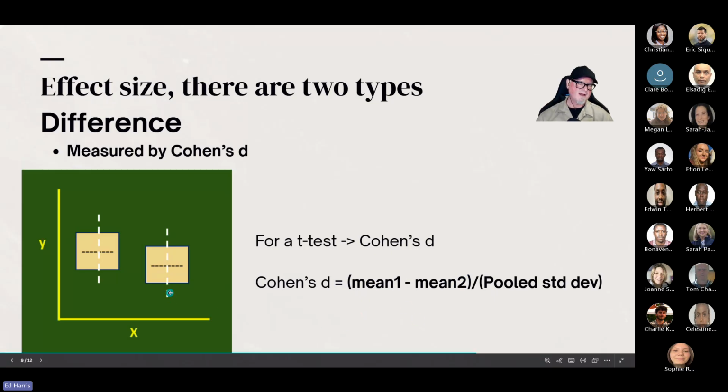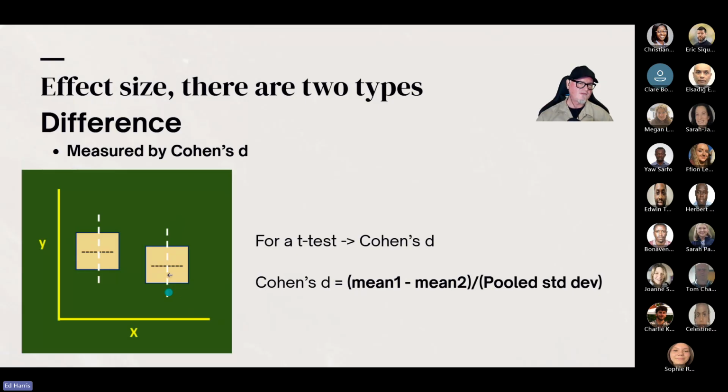And then we also need to consider the variation around the means. You can imagine if the difference is small and the variation is really big, there's probably not a big effect size here. Likewise, if the difference is big and the variation is small, there probably is a big effect size.